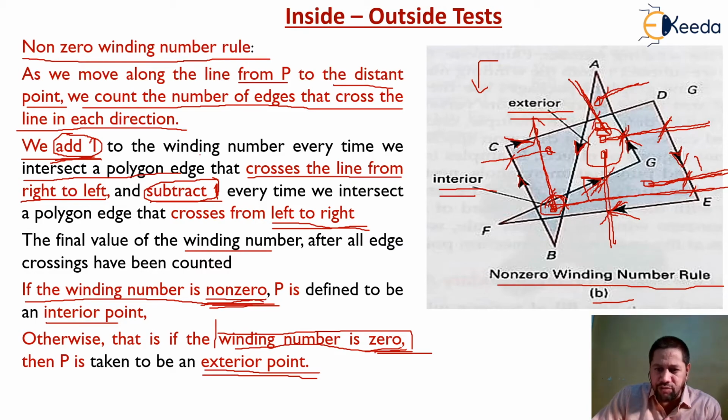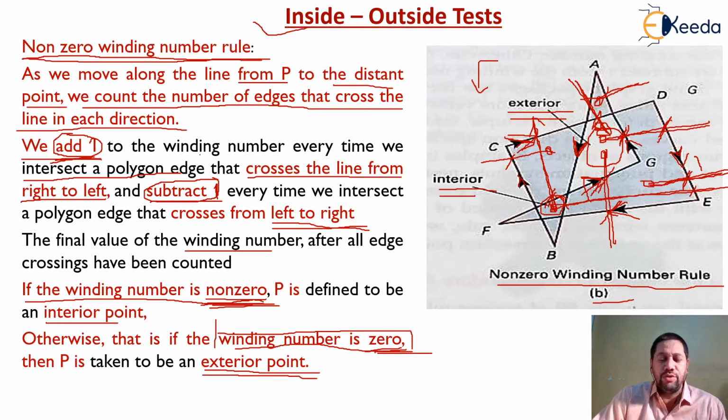This is my first edge, and the first edge direction is like this. And what is my second edge? The second edge direction is opposite of this. So one is added, but one is subtracted. So the answer is 0. Answer is 0 means this is exterior. This is outside. This is the way the non-zero winding number rule is applied, and this is what we are applying for the inside-outside test.